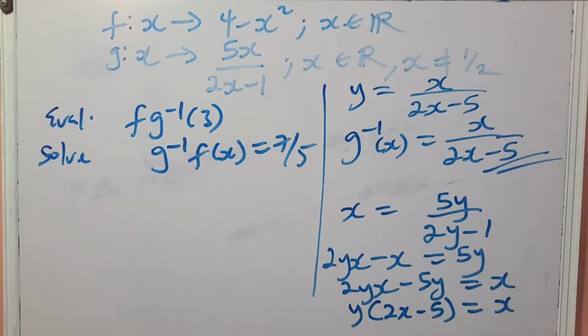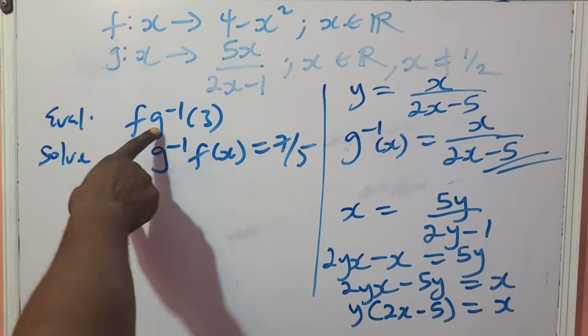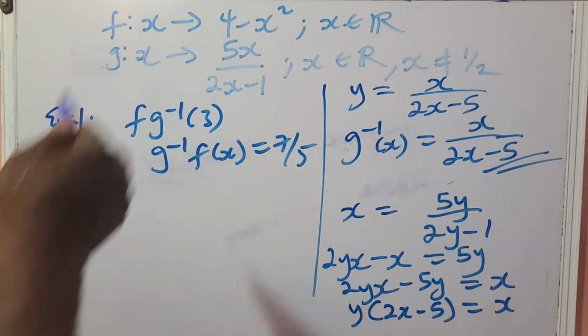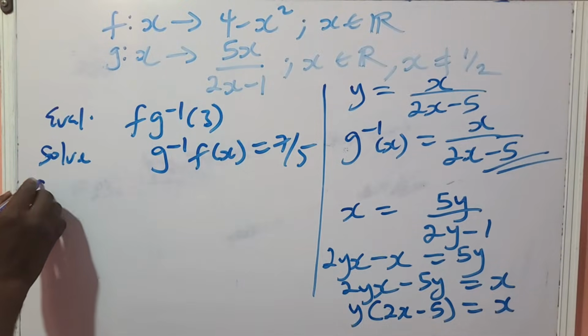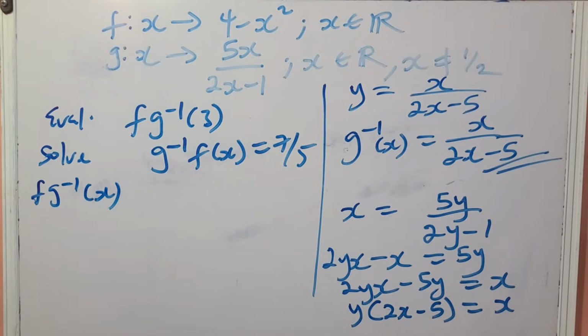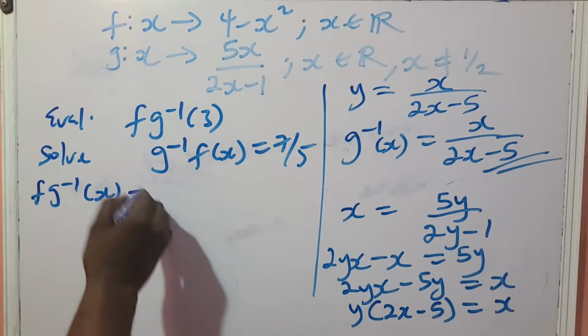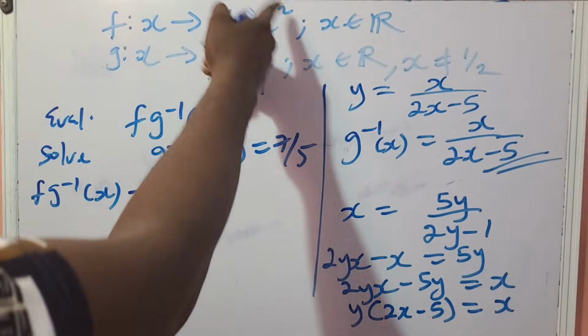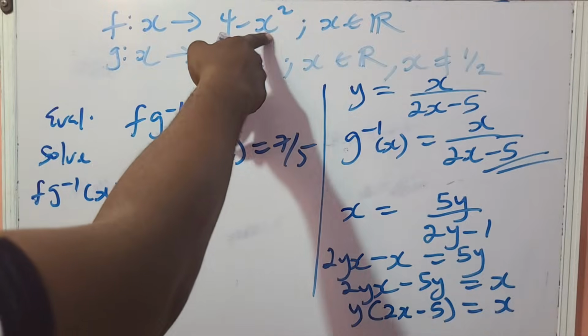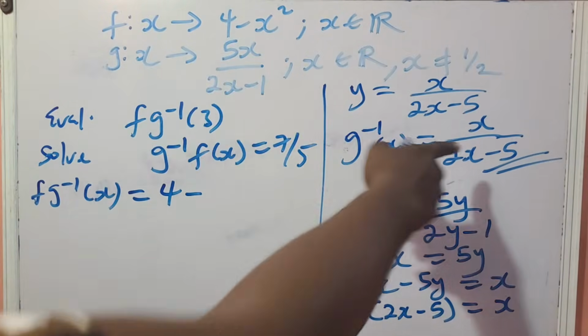We are told to find a composite function between f being the parent and g inverse being the child. So f is the parent. Let me first do it for the normal x, not yet putting the x as 3. Wherever I see my f, because it's the parent, I have 4 minus, and wherever I see x, I fix in the value for g inverse.